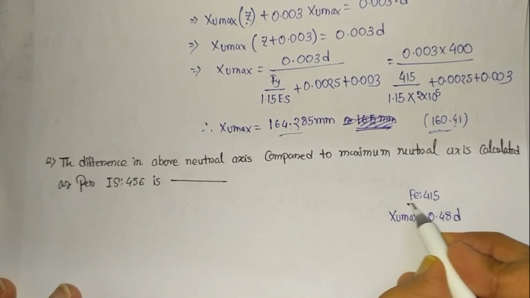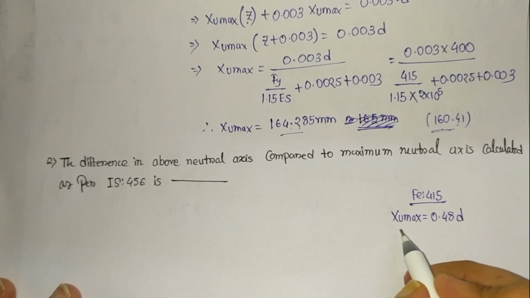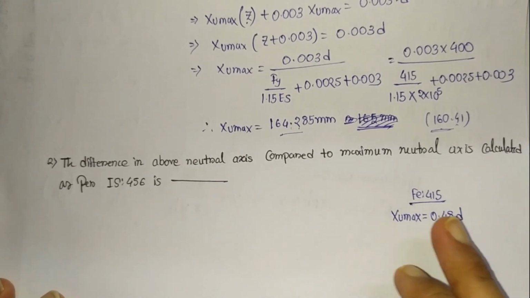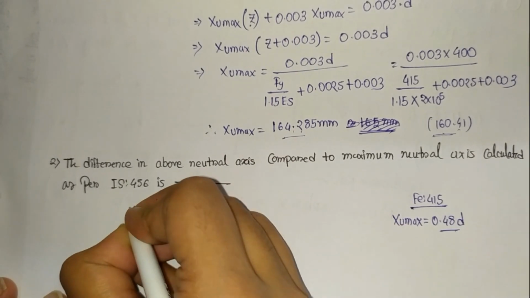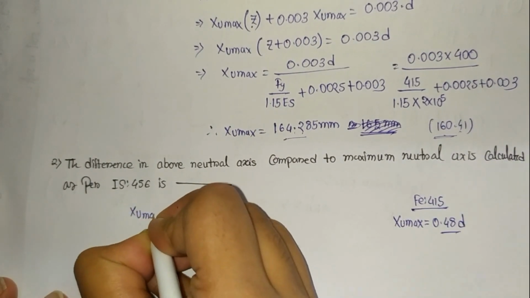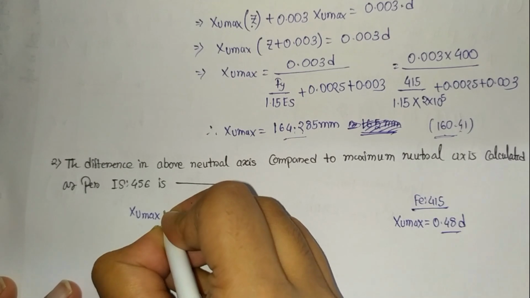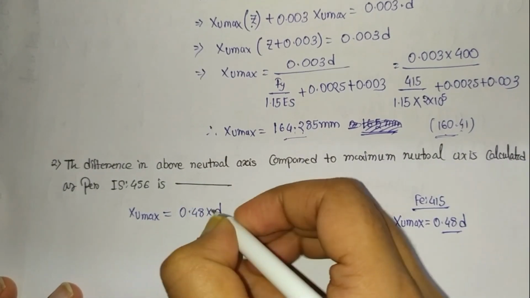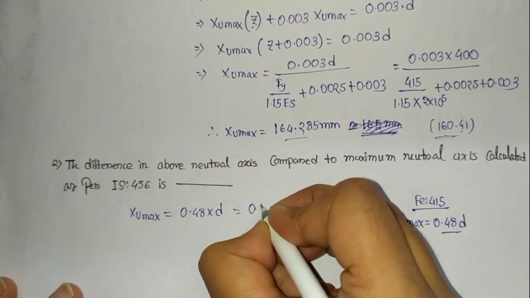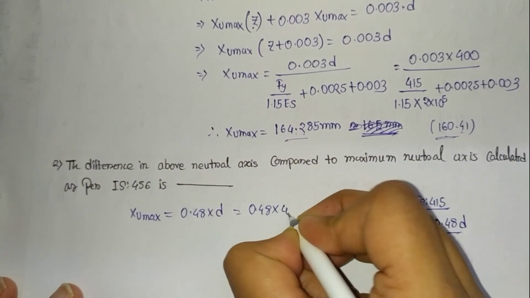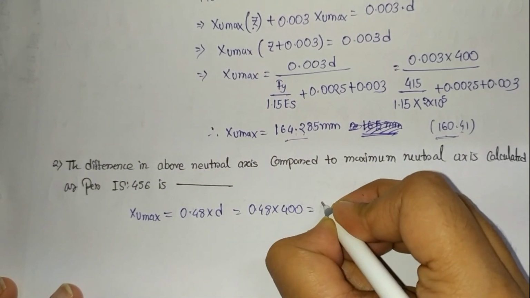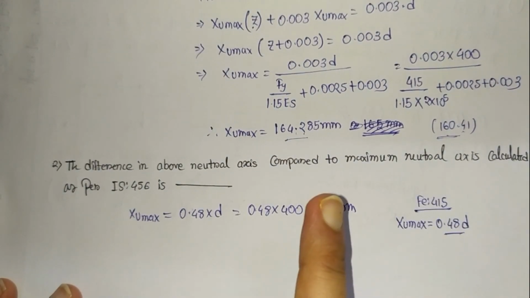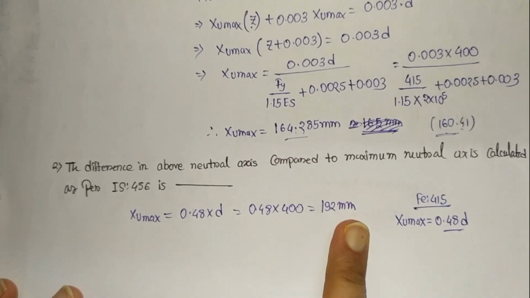So as per code, the neutral axis value is 0.48 into small d, where d is 400, so it is coming 192 millimeter.